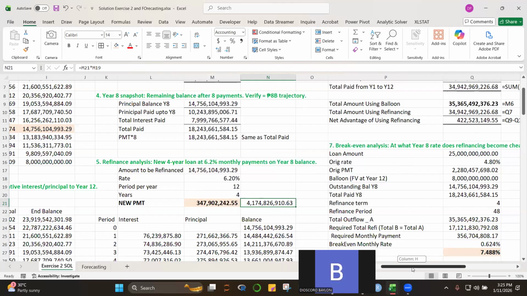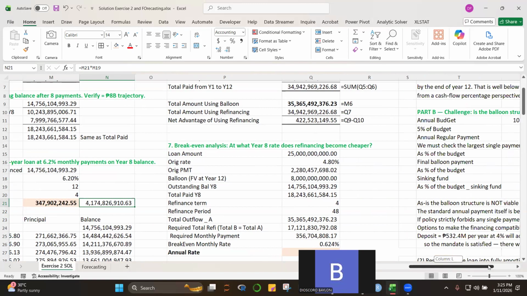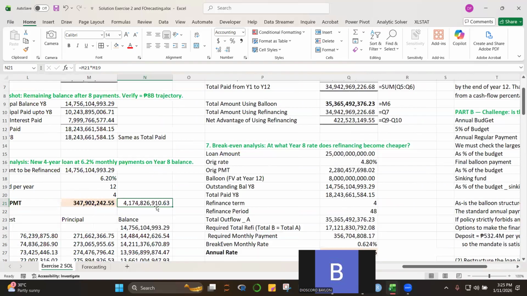So pwede pa, no? Pwede pa. 347 kada isang buwan. Ang total niyan sa isang year is 4.17. So it's within the allowable range, no? Na 5% of the total budget. So this will be around 4% of the total budget kasi ito eh.